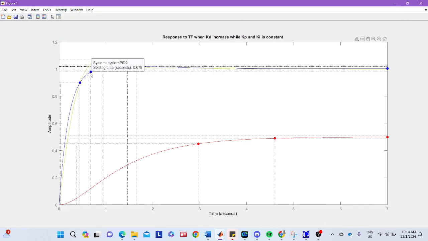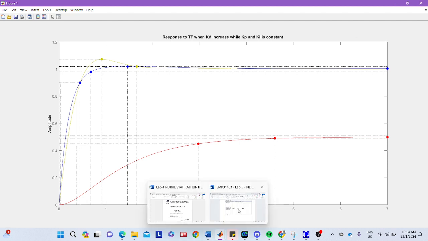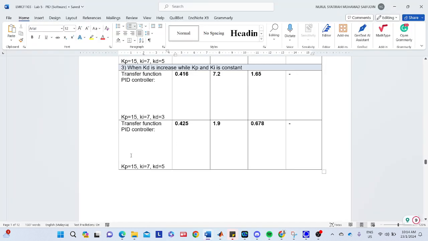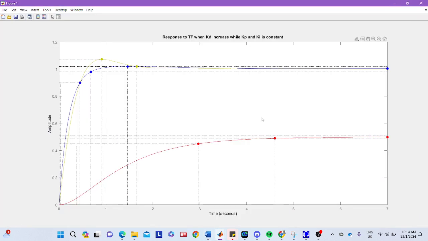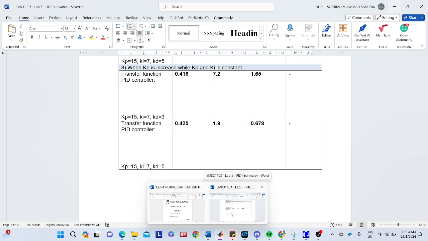The blue one is the graph for PID number 2, where Kp is 15, Ki is 7, and Kd is 5. So the difference between both is the value of Kd.